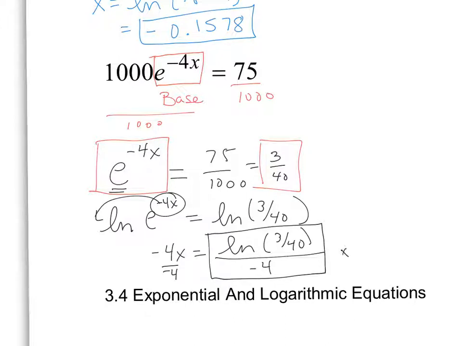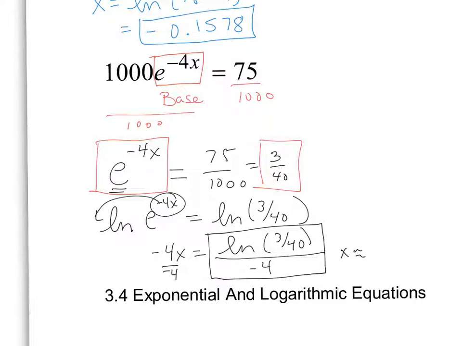If you are looking for your answer in approximate form, just put that in your calculator. Make sure you use the natural log here. So natural log of 3 over 40 is equal to negative 2.5902671.